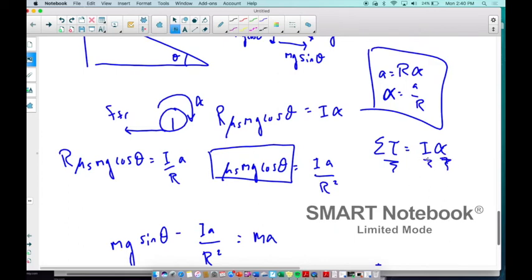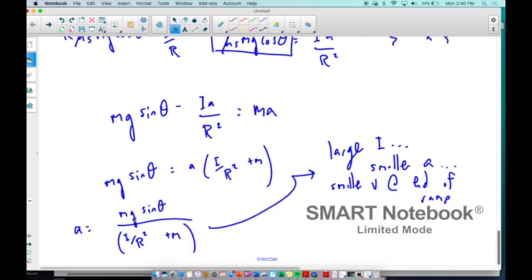So very clearly, bigger rotational inertia, bigger I value means smaller rotational acceleration. Smaller rotational acceleration means less acceleration overall, which is exactly what this equation ends up saying.